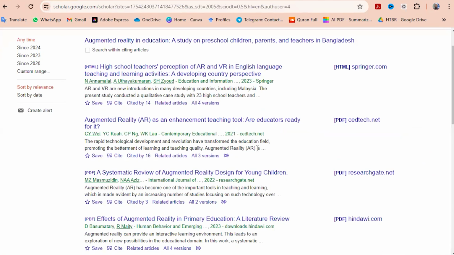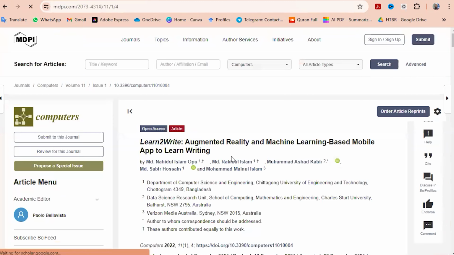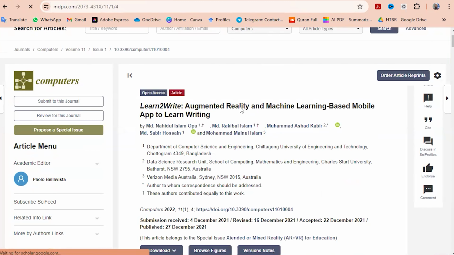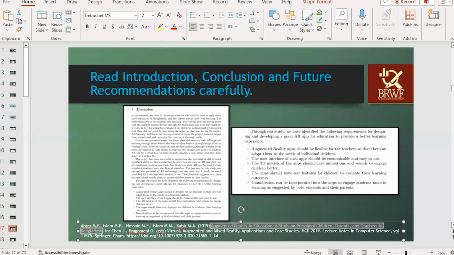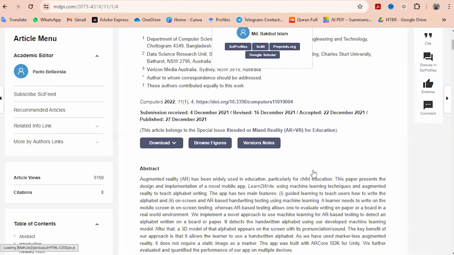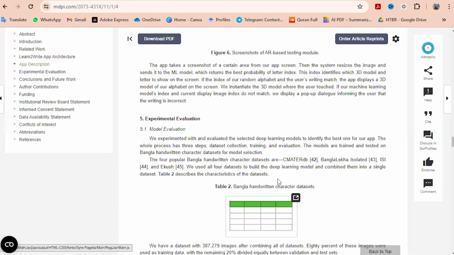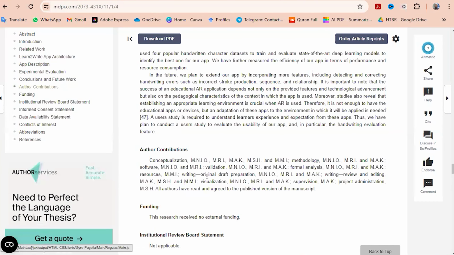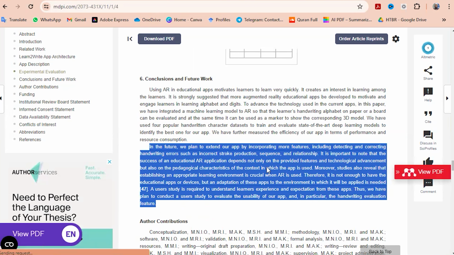We also refer to this paper because it is the updated version of that paper. This paper covers almost the gaps we did not cover here. We covered them in the next paper. Understood? But still, this paper also has some limitations. Understood?